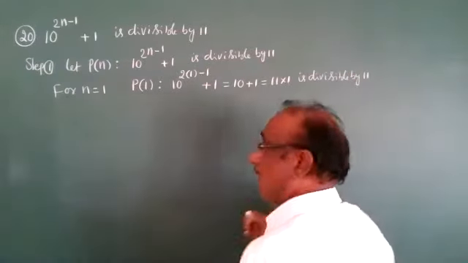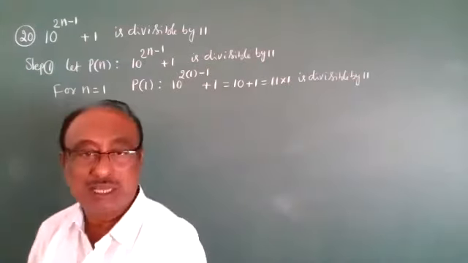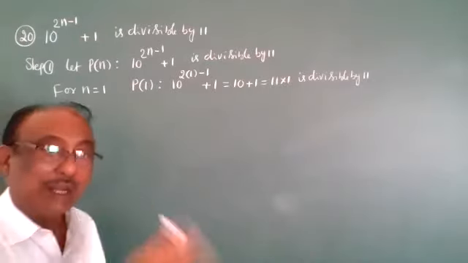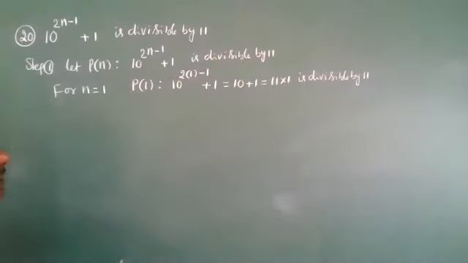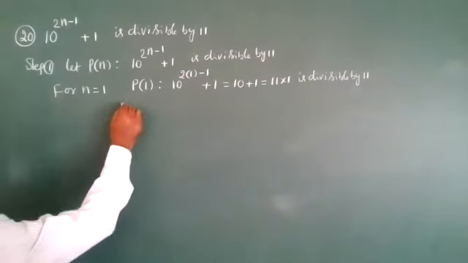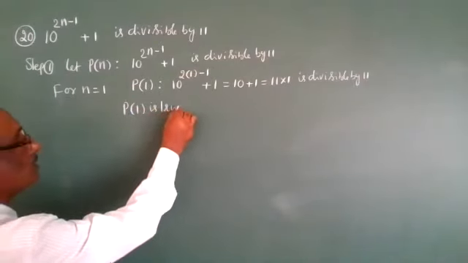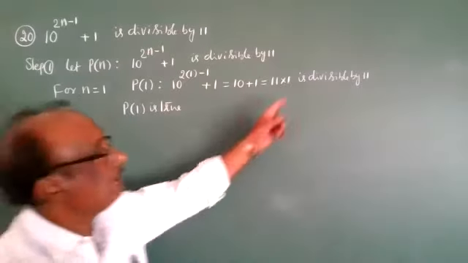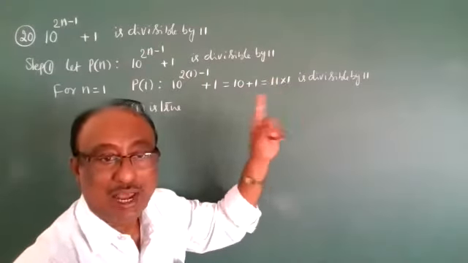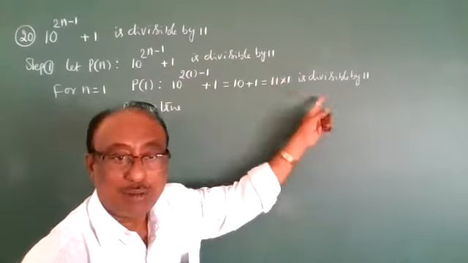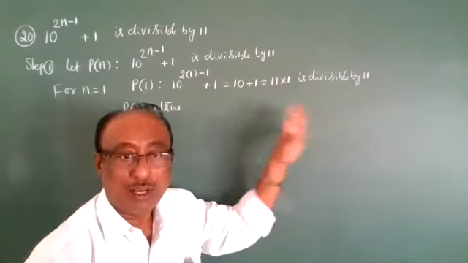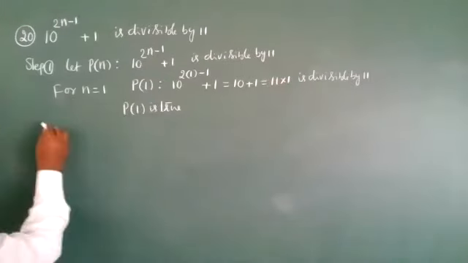Multiple of 11 or divisible by 11, both are the same, but since it is given as divisible, write down divisible by 11. So P of 1 is true. Divisible by 11 means 11 is one of the factors: 11 into some number.